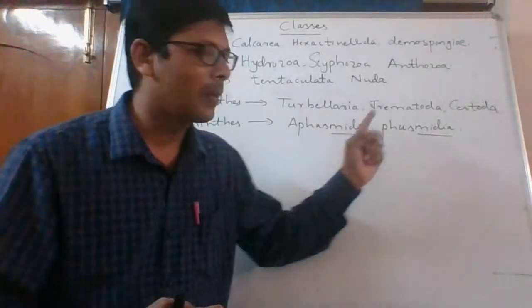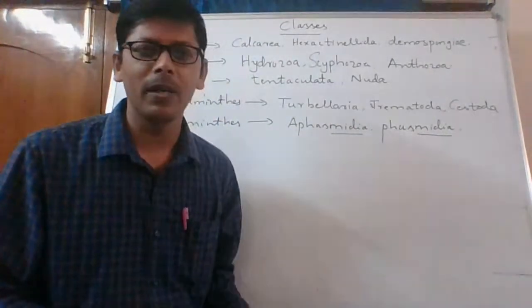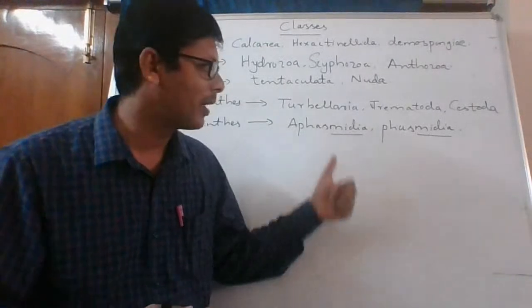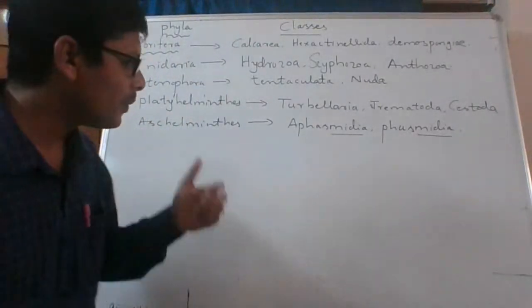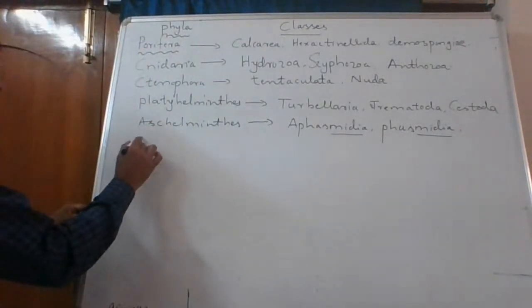Okay, Aphasmidia, Phasmidia. The next phylum is Annelida.